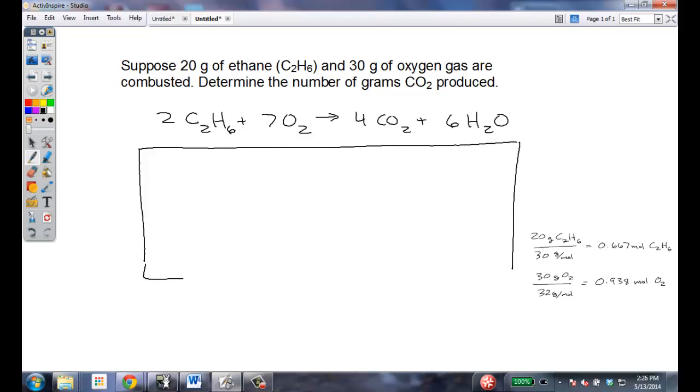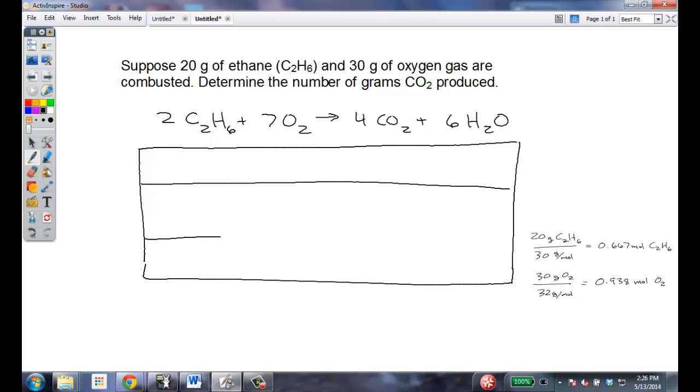And it has 3 rows. And then it also has a column for each reactant, in this case, the C2H6 and the O2, and the 2 products, in this case, the CO2 and the H2O.